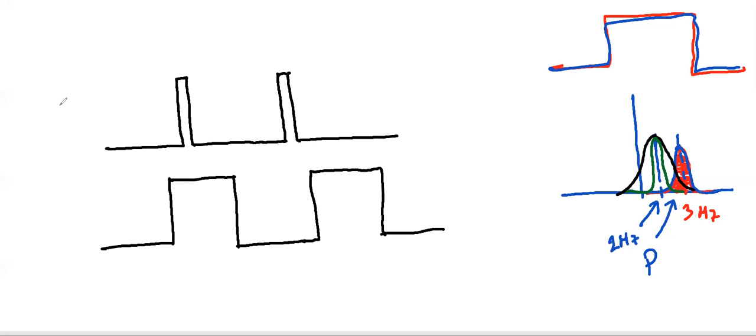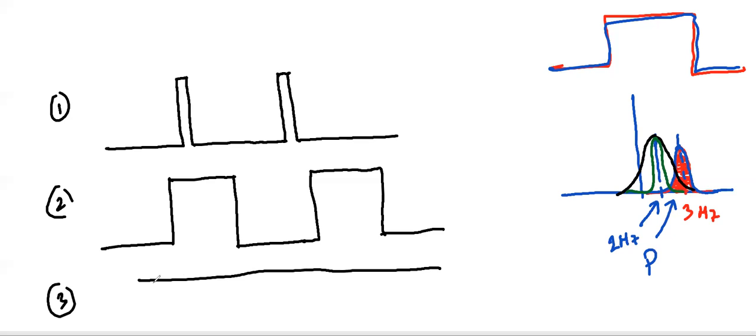Try to understand number 1, number 2, and number 3. Let's say I just put a, okay. Number 3 is like a DC.